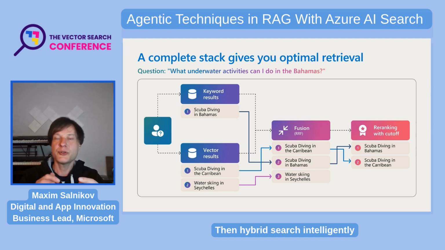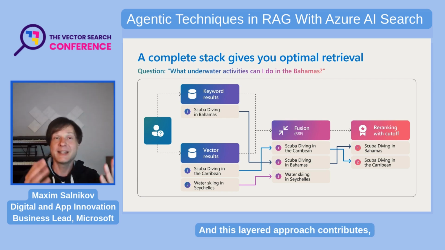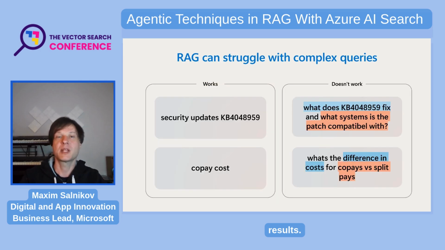Then hybrid search intelligently merges these results, and after all, semantic ranker reorders them, prioritizing the most relevant results and removing potentially noisy ones. For example, the one with mentioning Seychelles. And this layered approach contributes by producing pertinent and accurate results.